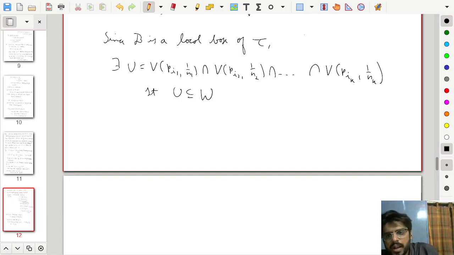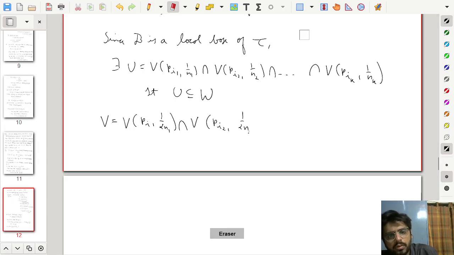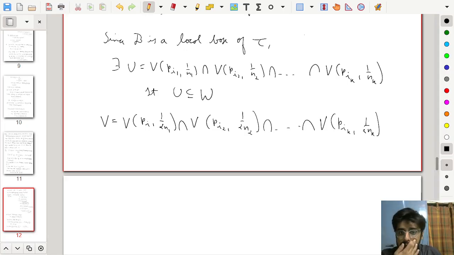So the natural choice would be V equal to V_{p_1,1/2n_1} intersection V_{p_2,1/2n_2} intersection ... intersection V_{p_k,1/2n_k}. Then it's easy to see that V plus V is contained in U.